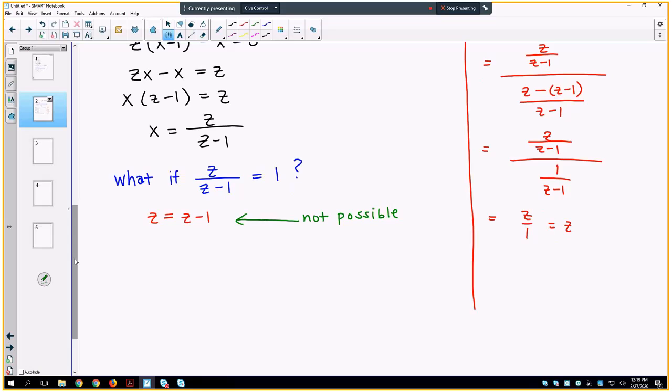So I don't have to worry about my x and y being equal. But now I have one other issue, which is I can see by looking at the denominator of my x value, I have z cannot be equal to 1.